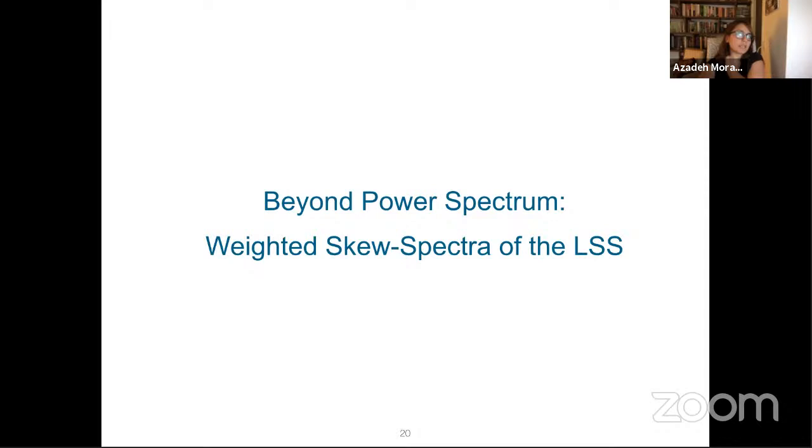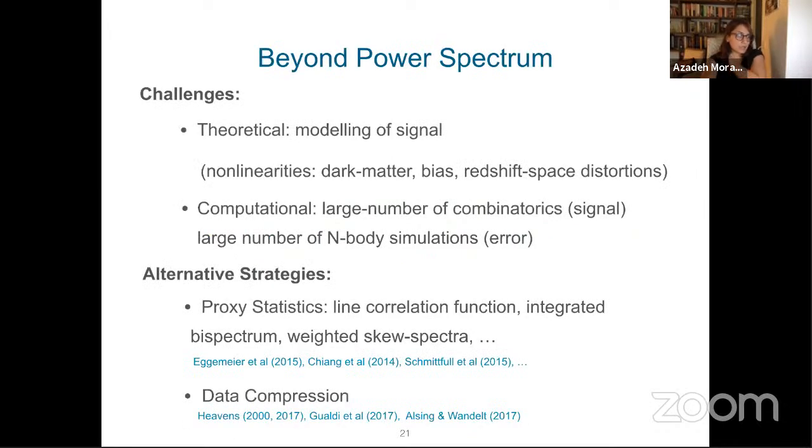This would be in the context of galaxy surveys, but in principle, all I'm talking about is also applicable to line intensity or any other large-scale structure tracer. This optimal estimator is what I would refer to as weighted skew spectra, which in a second will become clear why it is referred to as such.